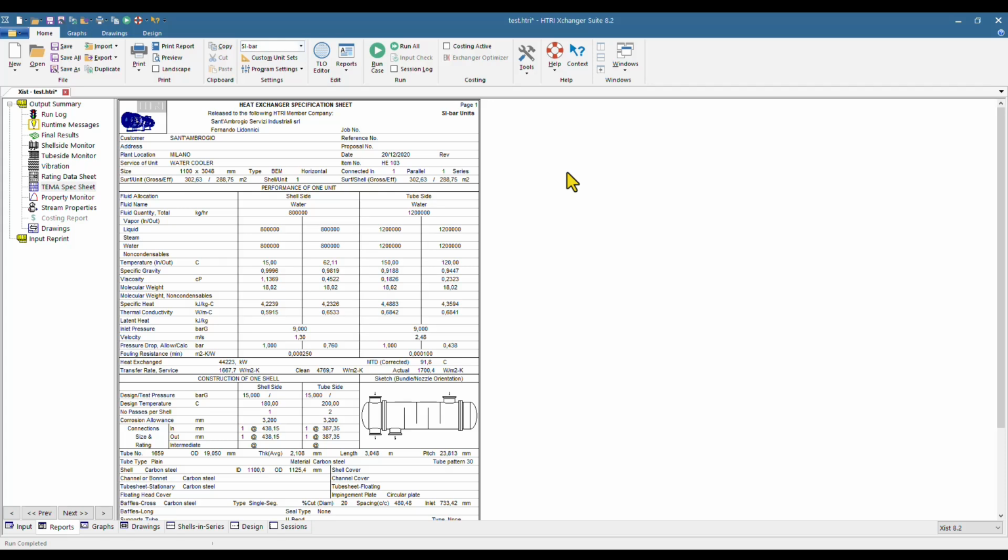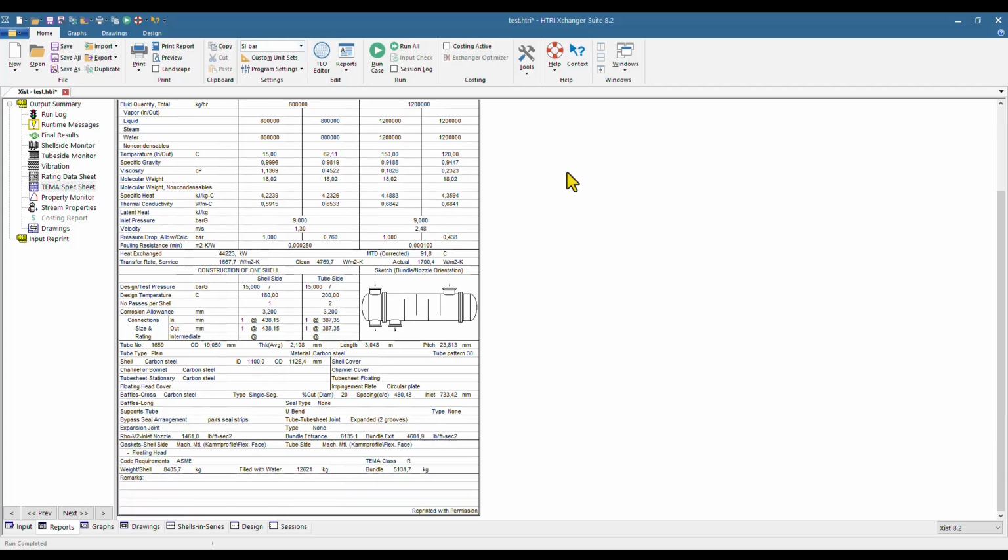You see, this is the TEMA specification sheet, and we see something more. For example, the transfer rate service is 1600 and something, while clean is 4700 and something. So there is a terrific difference between the clean condition and the fouled condition.